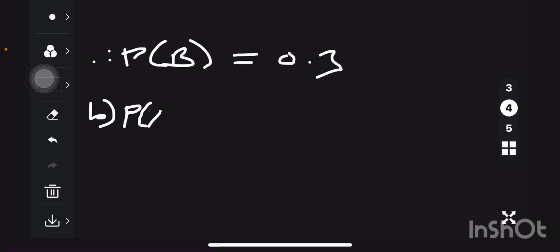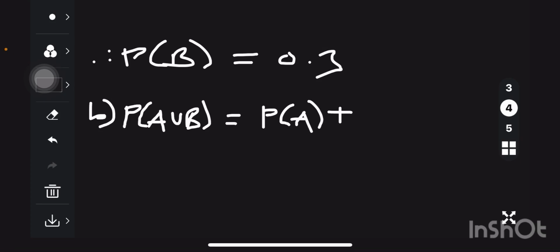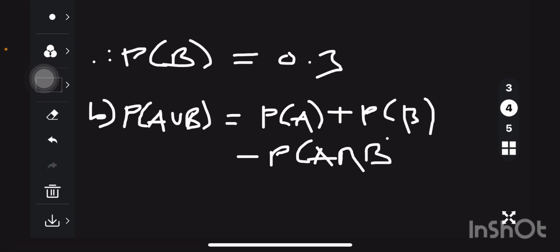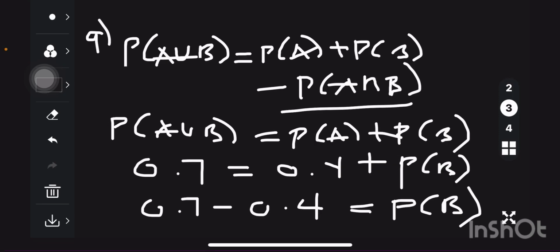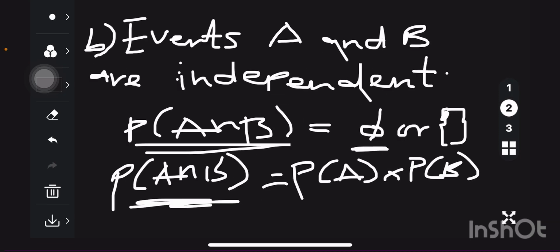Alright, now let's move to part B. We have the probability of A union B being equal to the probability of A plus the probability of B minus the probability of A intersection B. Here, since the events are independent, we consider this side of the equation.